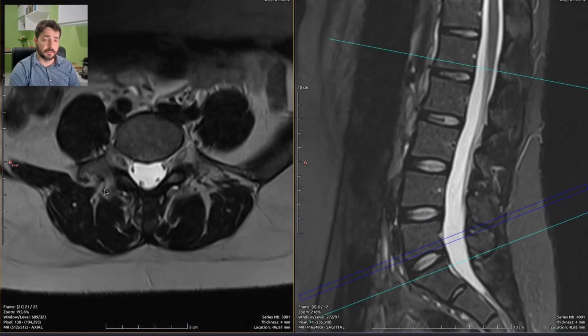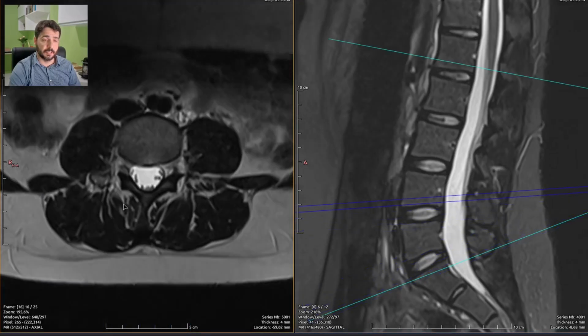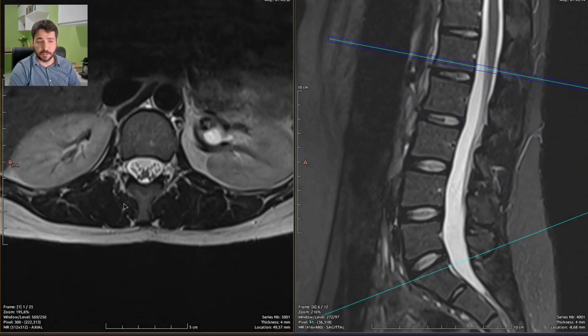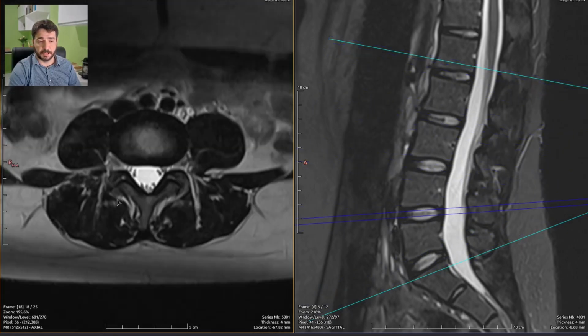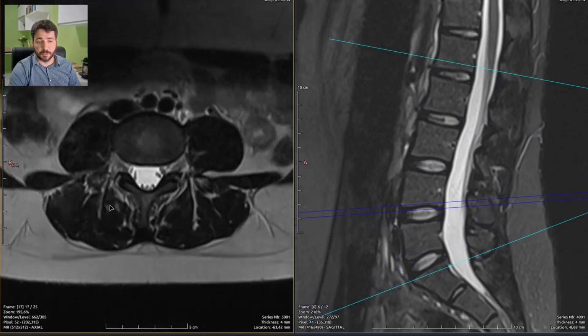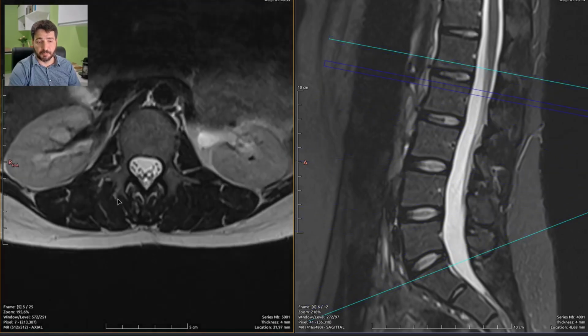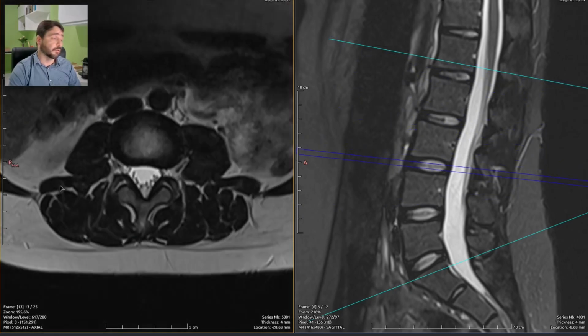I thought we could tell by reading this exam why the patient complains about lumbar pain, lower back pain, but this is indeed a normal MRI scan. So let's just say it's normal and go to the next exam.